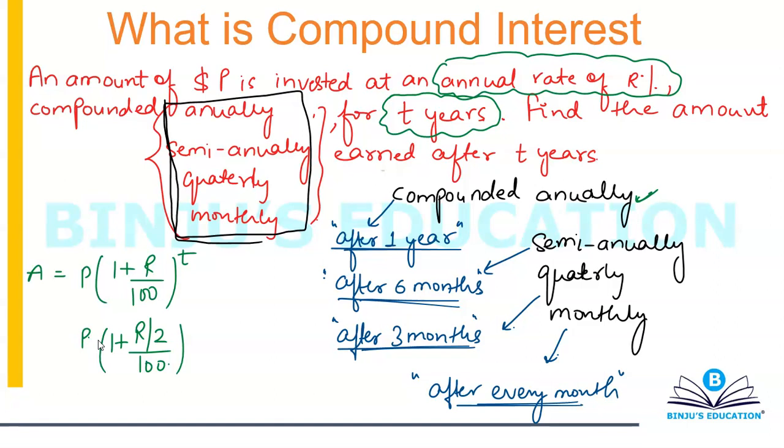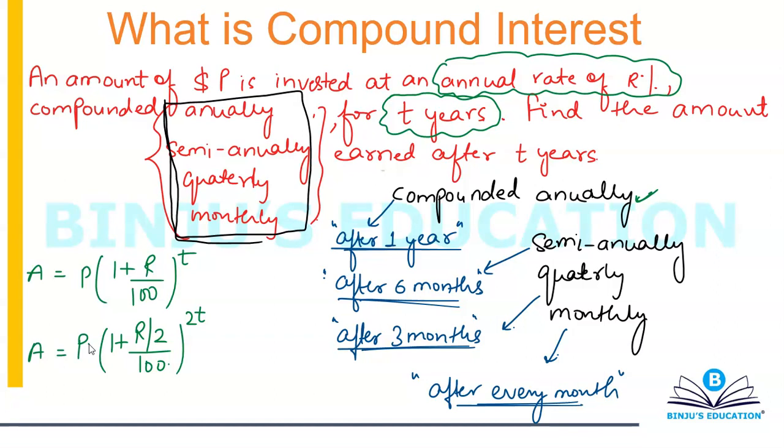So in T years you're going to have 2T cycles. Because you're receiving interest after 6 months, in 1 year you'll be receiving interest twice, and in T years you'll be receiving interest 2T times.